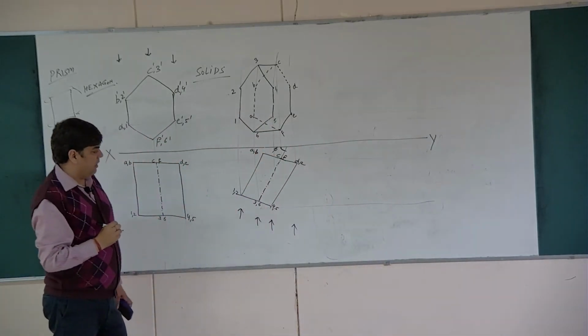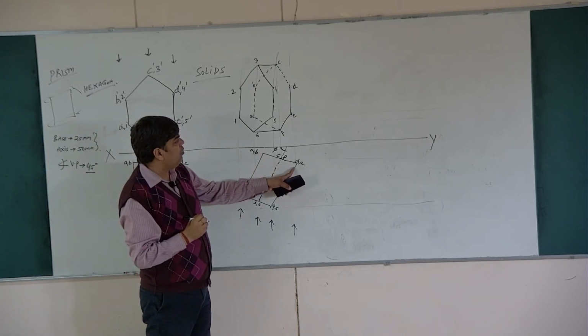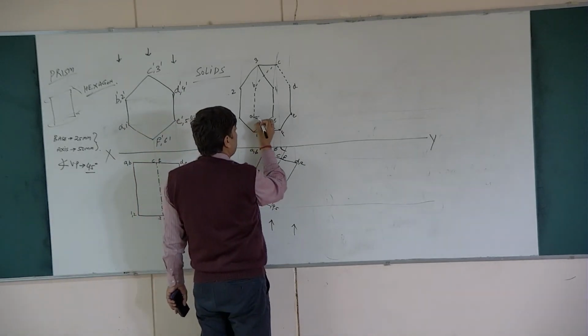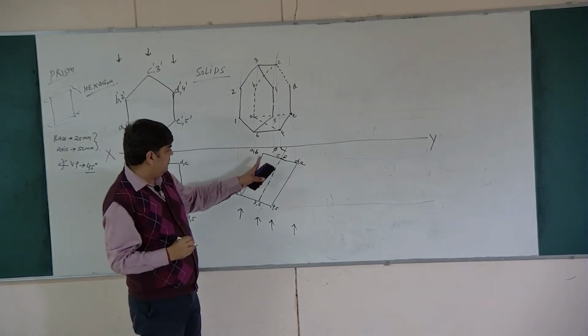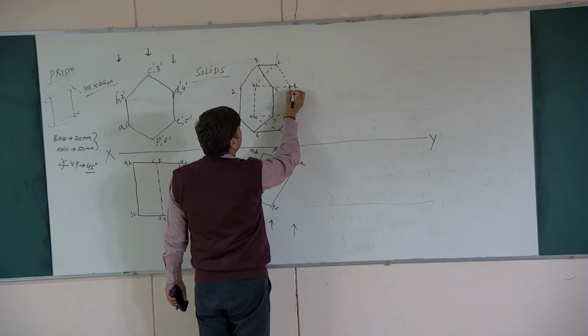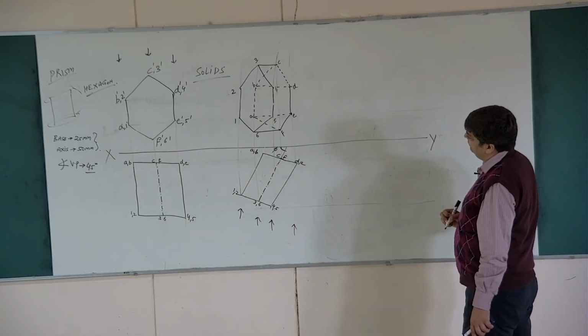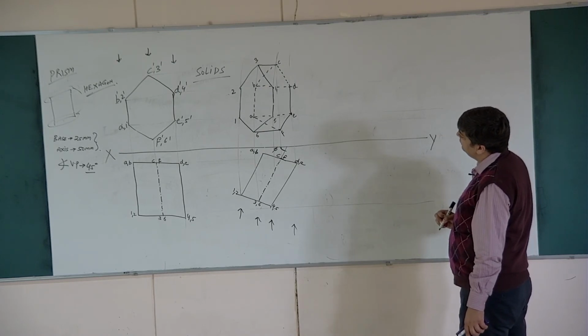Next, A to E, dash dash dash dash. B to D, dash dash dash dash. And what about C to F?